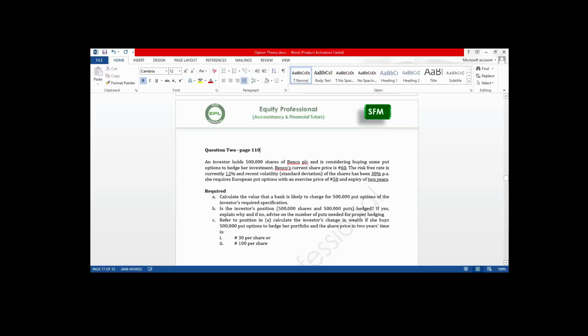Benko's current share price is 60 naira. The risk-free rate is 12%.